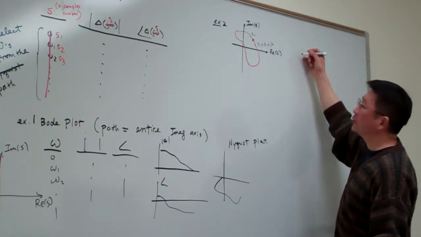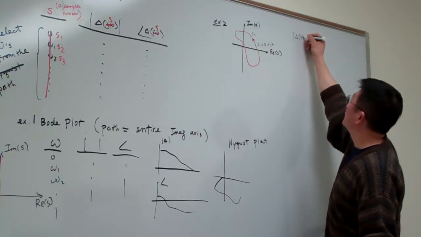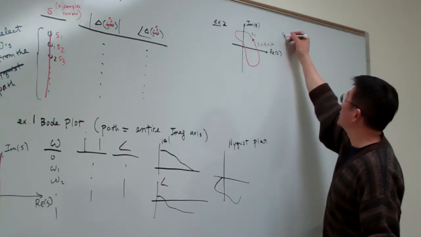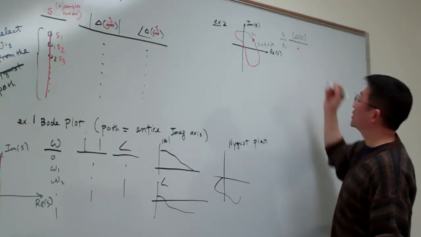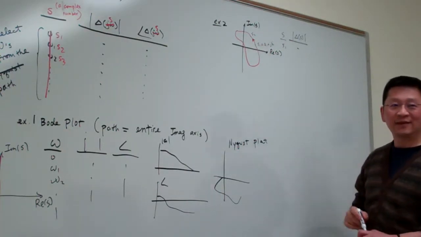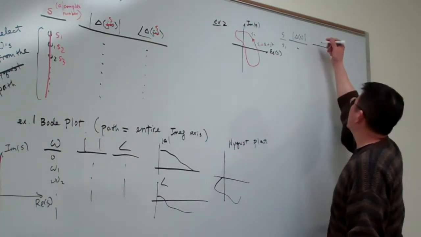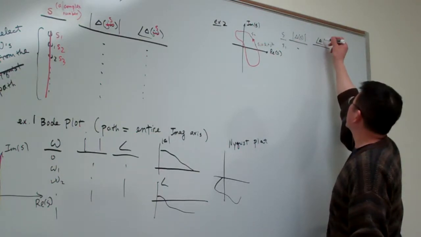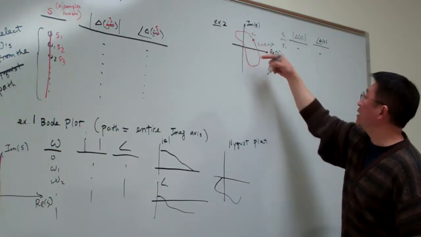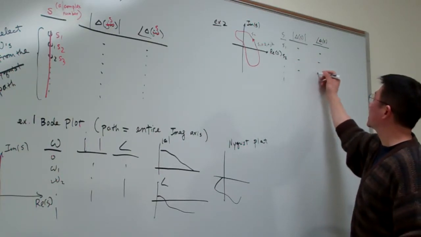From here, you'll be able to calculate, for example, the magnitude of delta at S. Based upon the selection of S1, you can calculate this. And for the same delta S, you can calculate the angle here. It depends on the selection of these points, and you can just proceed with the calculations.